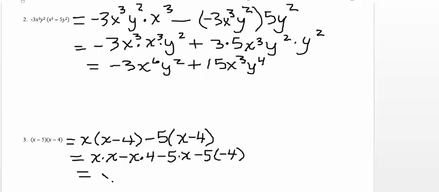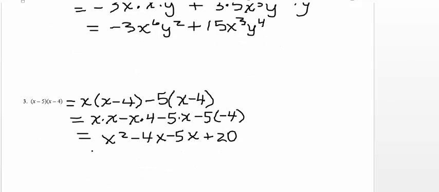So x times x is x squared, minus x times 4 is minus 4x, minus 5x. A negative 5 times a negative 4 is positive 20. So I wind up with x squared minus 9x minus 20.